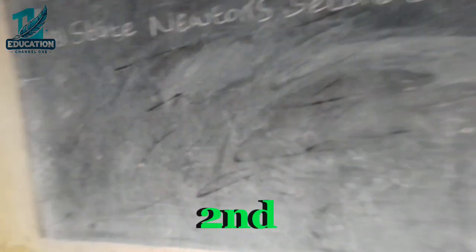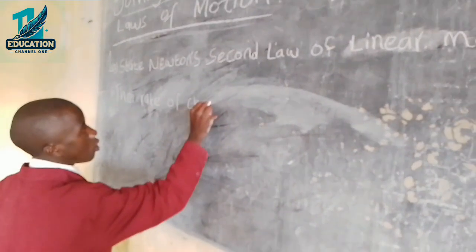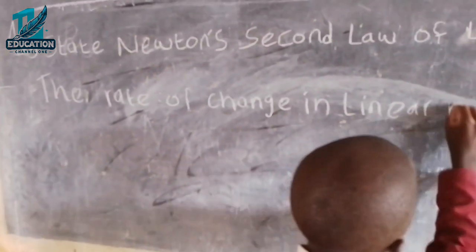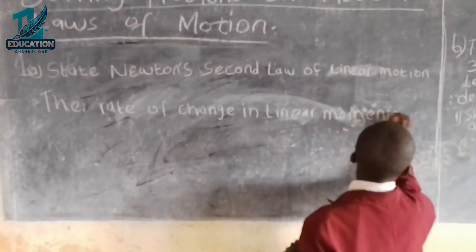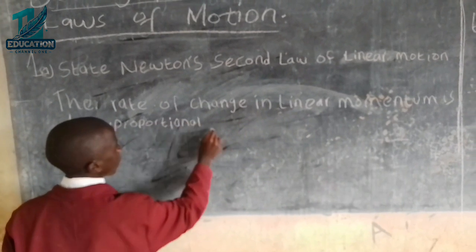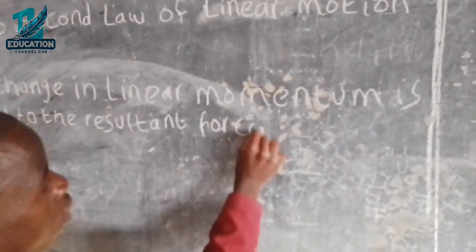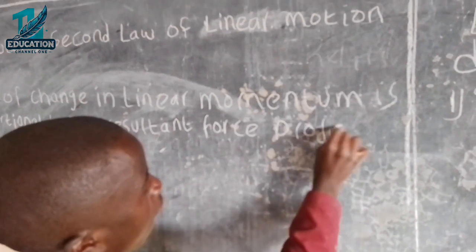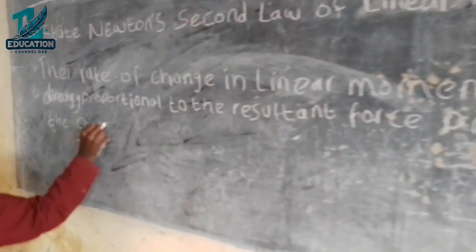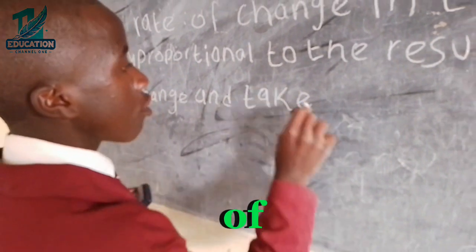So, Newton's second law of linear motion states that the rate of change in linear momentum is directly proportional to the resultant force producing the change and takes place in the direction of the force.